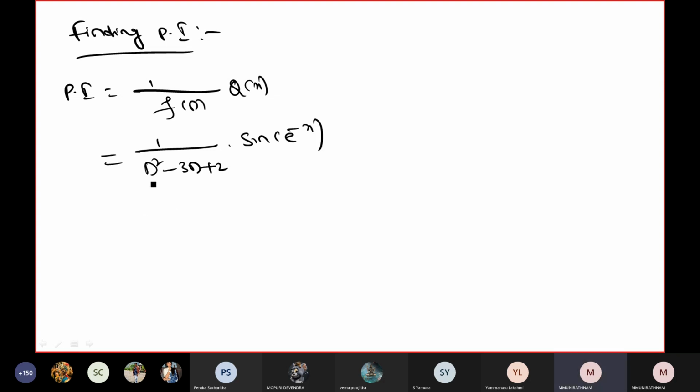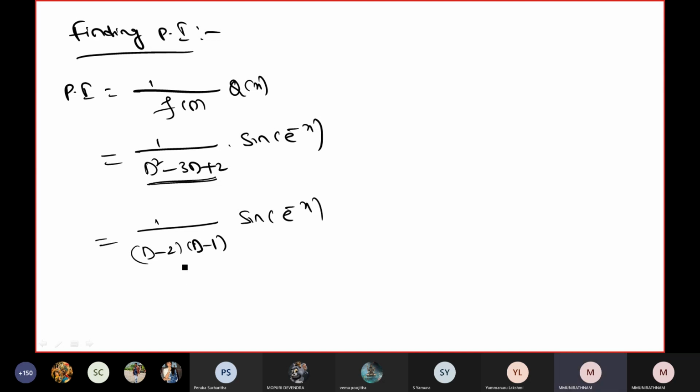As I told you, I have to express this into linear factors. As we know that 2, 1 are the roots of the auxiliary equation, we can express it as 1/((D − 2)(D − 1)) sin(e^(−x)).